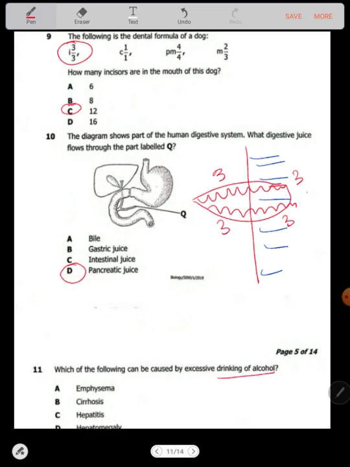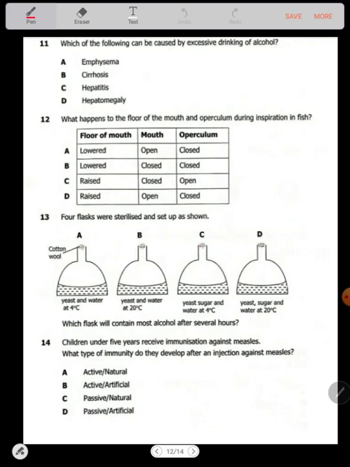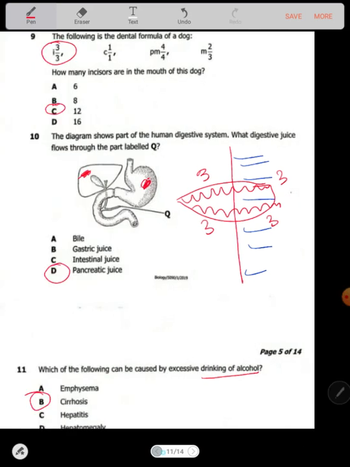Excessive intake of alcohol, not in the stomach, sorry, in the liver, causes what we call cirrhosis. So, excessive drinking of alcohol, we said this is cirrhosis. You can just bear witness with me on that.